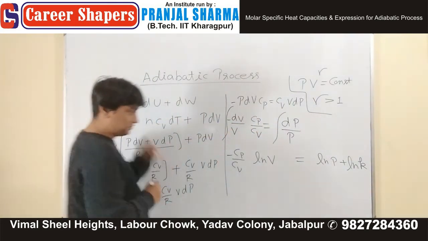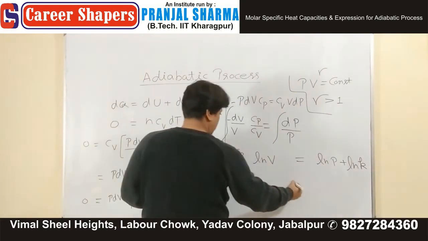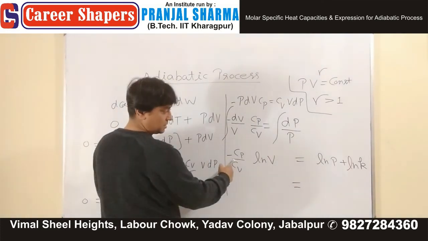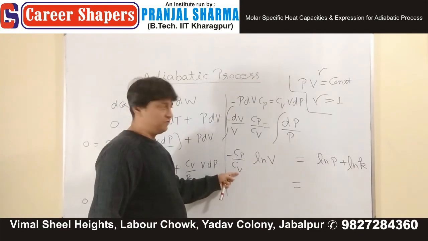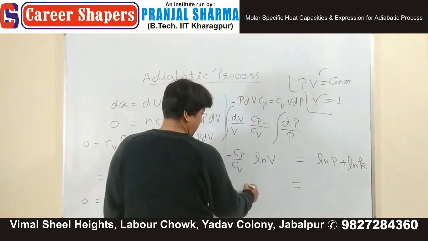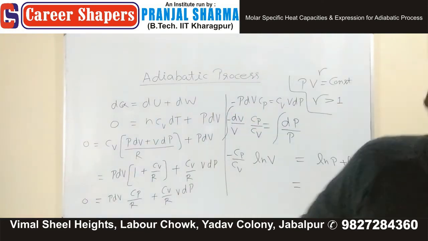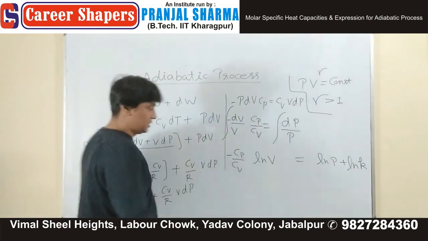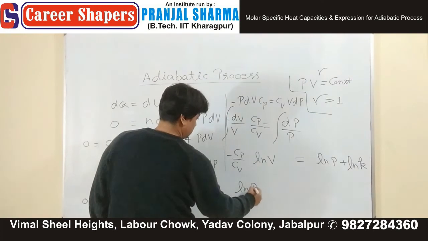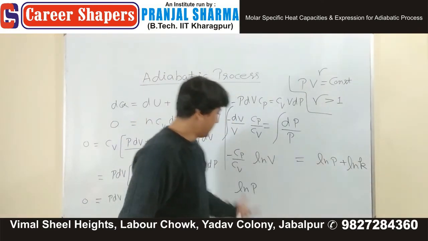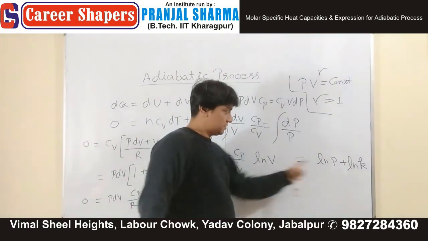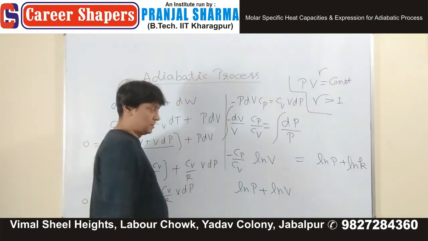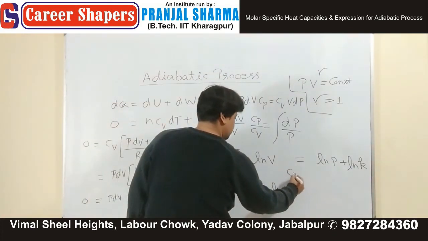Now what is the whole part? This whole thing is now minus of Cp upon Cv ln P. One step fast, ln P, shift this thing there. It is ln of V to the power Cp upon Cv.